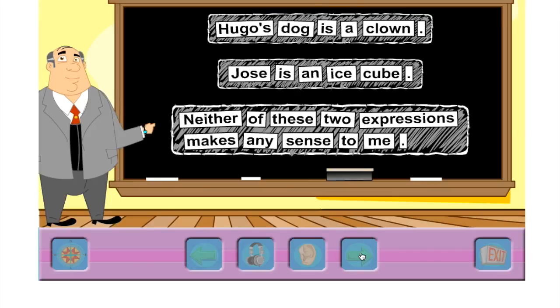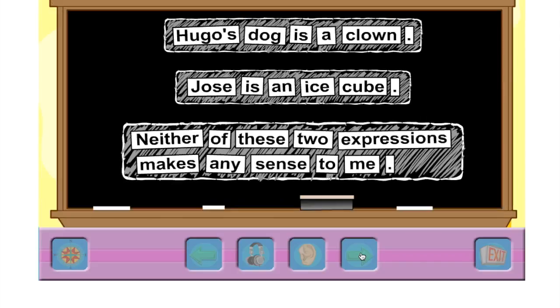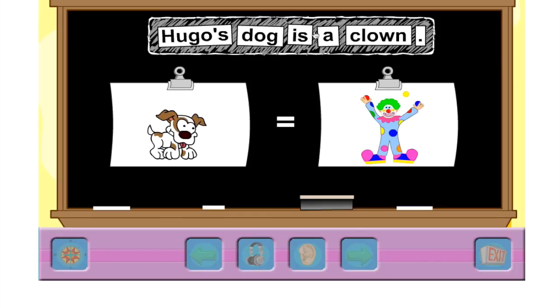These expressions are metaphors. Which expression makes some sense to you? Hugo's dog. Great choice. Perhaps this expression makes sense to you because you picture the statement in your mind. You know that clowns are playful and silly, so you probably understand that this comparison implies that Hugo's dog is also playful and silly.